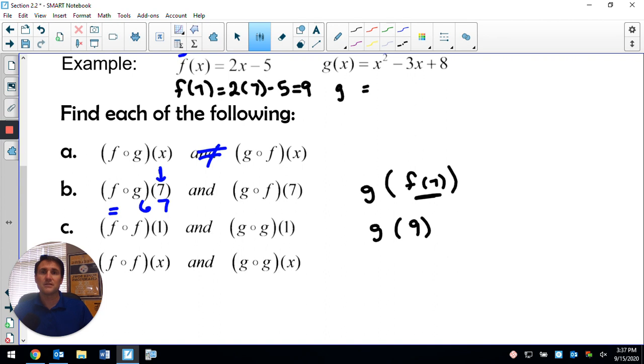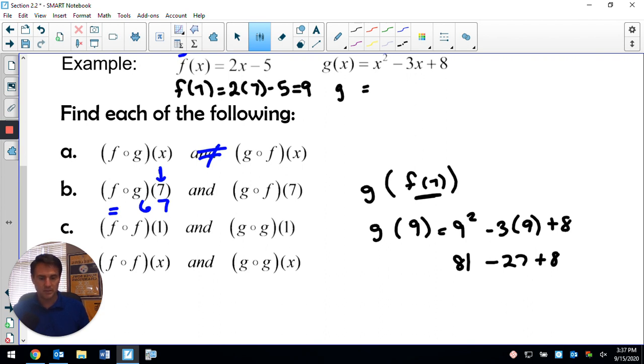G of 9 is 9 squared minus 3 times 9 plus 8. 9 squared is 81. 3 times 9 is 27. And 8 more. I'm going to use my calculator on this one. 81 minus 27 plus 8 comes out to be 62. See, that's a completely different answer. Changing the order changes the answer.